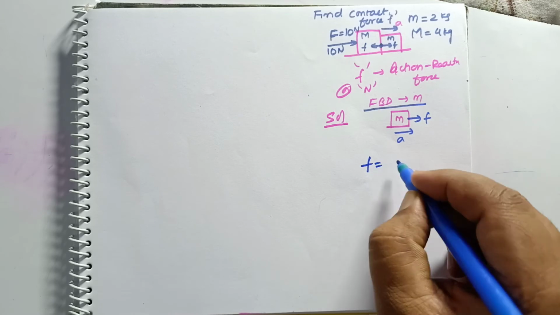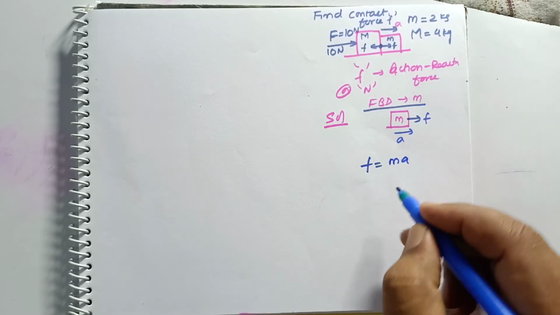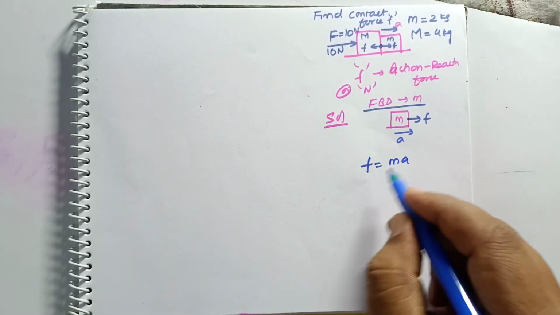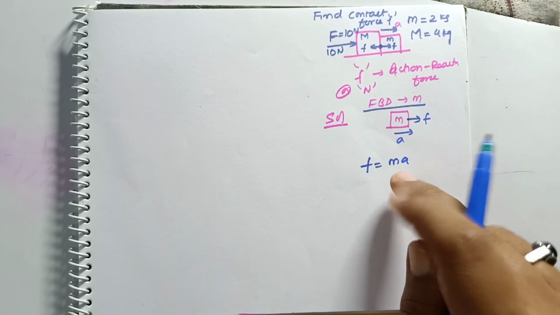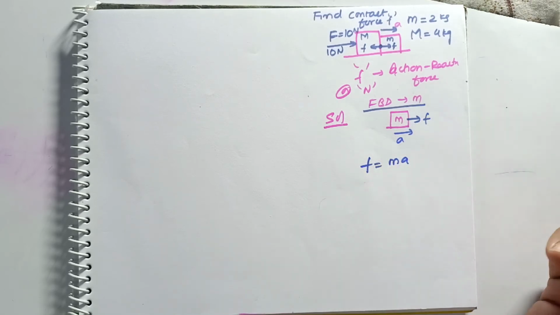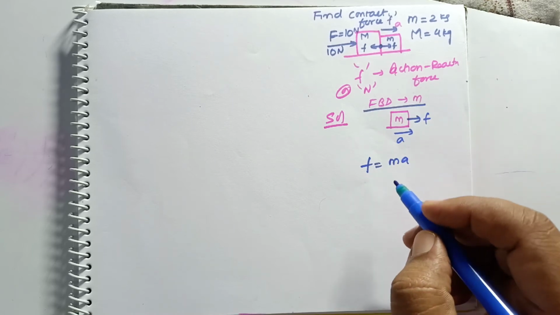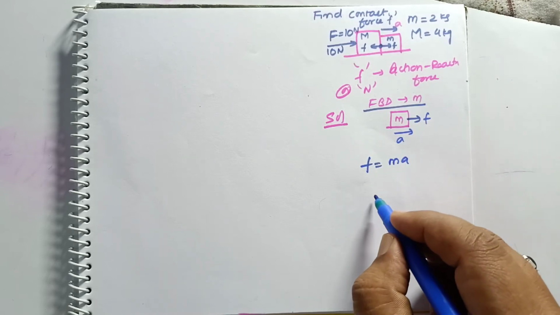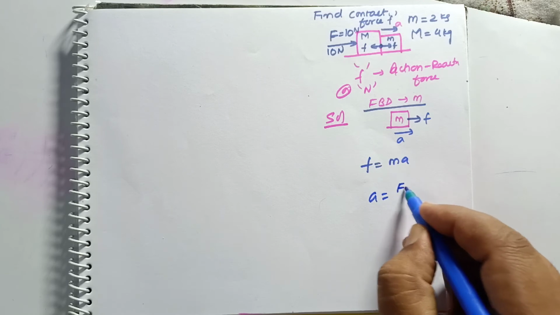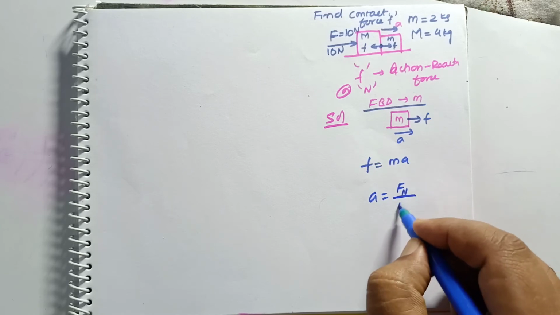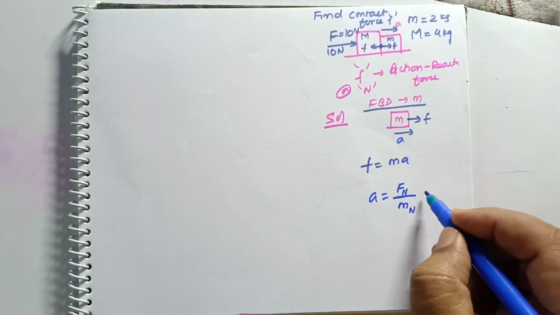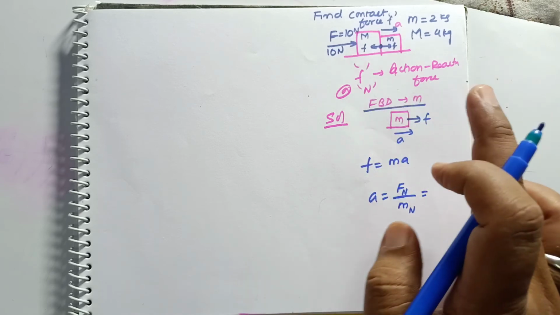That smaller force can be taken as F is equal to m into a. That's it. You get the contact force with a simple method, that is F is equal to m into a. You can get the formula. You can find out the acceleration here. How are you going to find out the acceleration? See, acceleration is nothing but net force by net mass here. So what is the net force acting on the two blocks here?